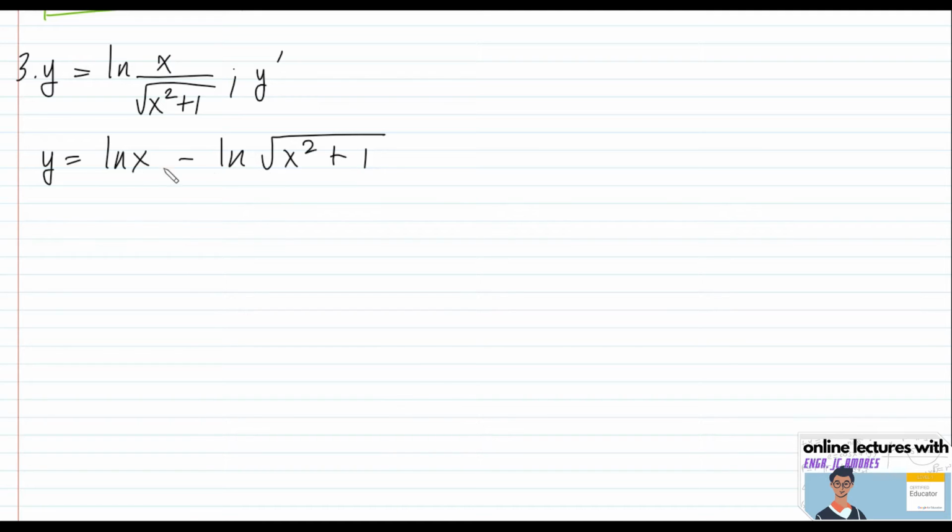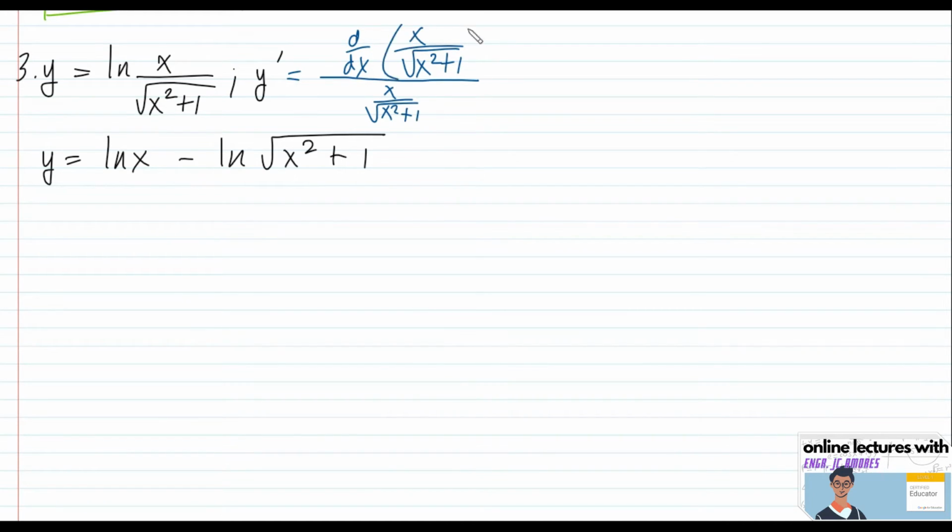Now I prefer to simplify this first, just like in the other problem, because I think that would be easier than getting the derivative of the ln of this ratio, the derivative of x over the square root of x squared plus 1.